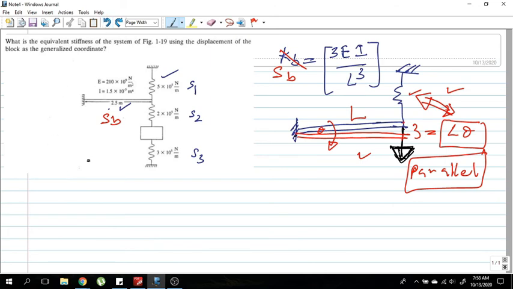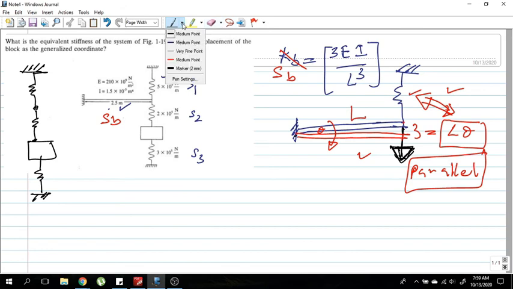Now I will redraw the equivalent system. Here SEQ1, here S2, and here you have S3.